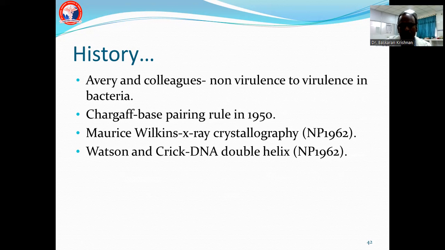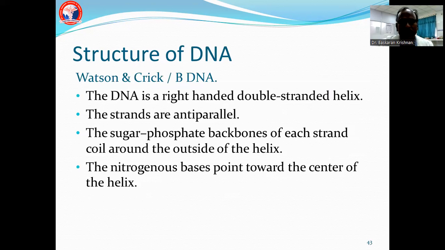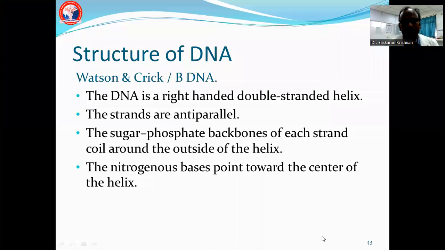Let's take a look at the structure of DNA, the Watson-Crick DNA or B-DNA. According to this Watson-Crick model, the DNA is a right-handed double-stranded helix. It's a helical molecule containing two strands, and the strands are antiparallel.